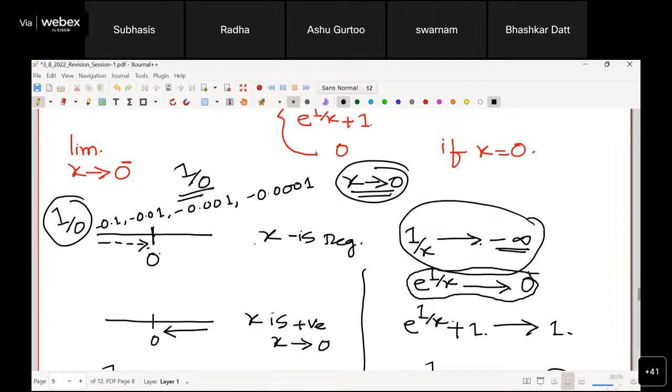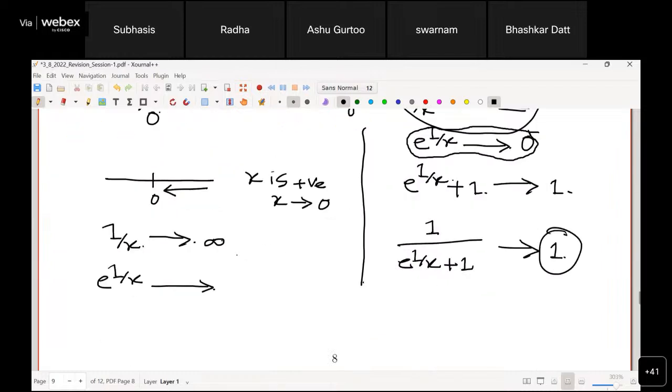In this case I can write 1 by minus 0.1, 1 by minus 0.01, these I can write. I'm not writing 1 by 0. I'm writing some number 1 by x for those numbers for which x is very close to 0. So there is a difference between these two things. Understood? Thanks.